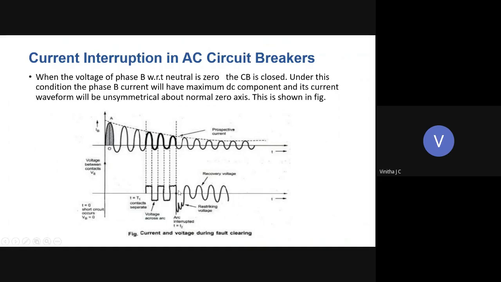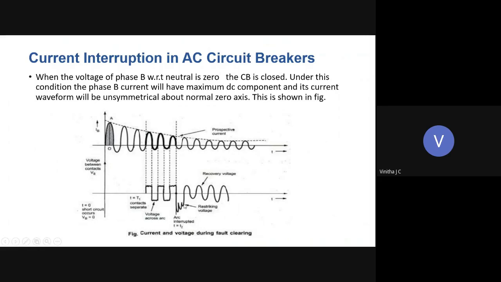Then, at t equal to t2, at the next instant, the arc is fully interrupted. That means the circuit breaker contacts are fully opened. During that time, the voltage available across the circuit breaker contacts is termed the restriking voltage. What is meant by restriking voltage?